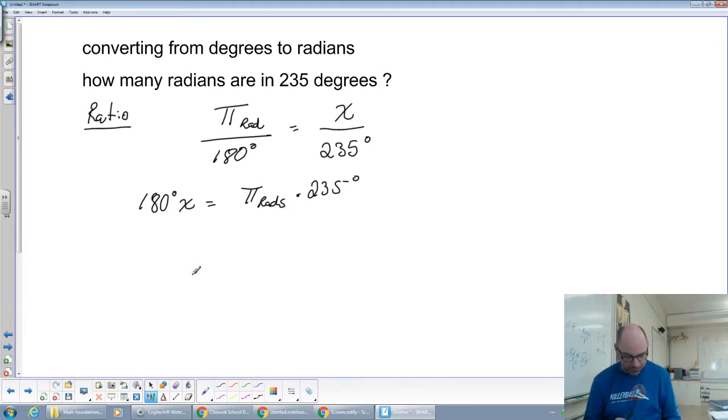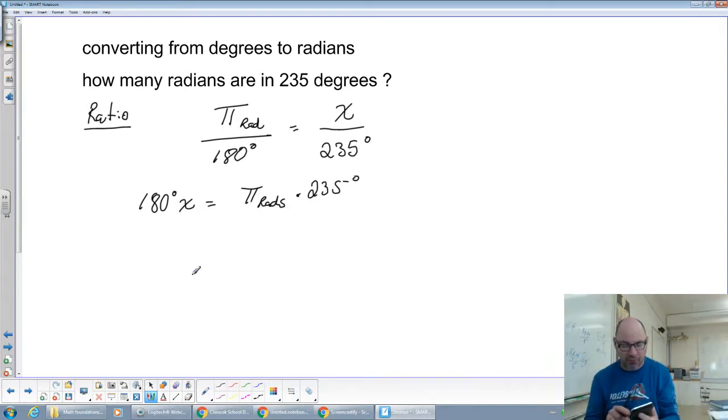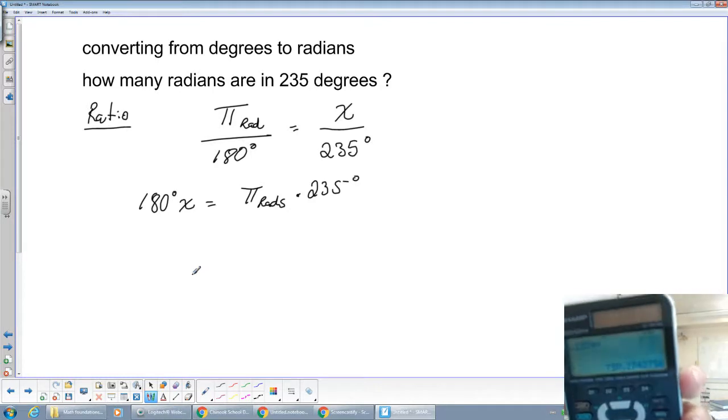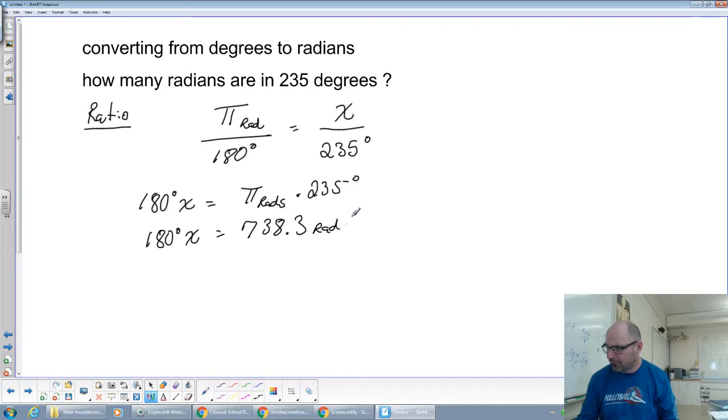Okay, so to get x by itself, we can multiply this out. Use the pi button, 235 pi. My calculator likes to do that, so I just convert it. If you want a decimal, you can just convert it. So it's going to give us 738.3, and this is rad degrees.